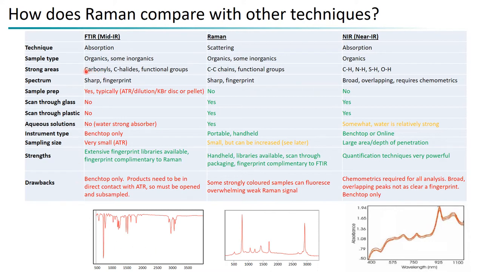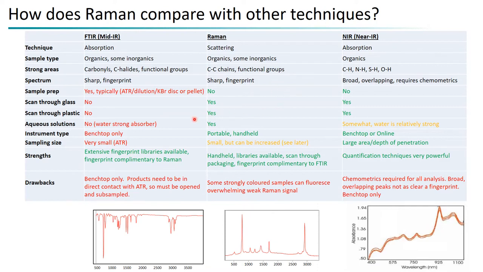FTIR is extremely strong for polar molecules, as you see here, so you have carbonyl groups, halides, functional groups such as carbonyl bonds. Raman is extremely sensitive for non-polar molecules, so we're looking at organic molecules, so carbon to carbon chains, and also functional groups.